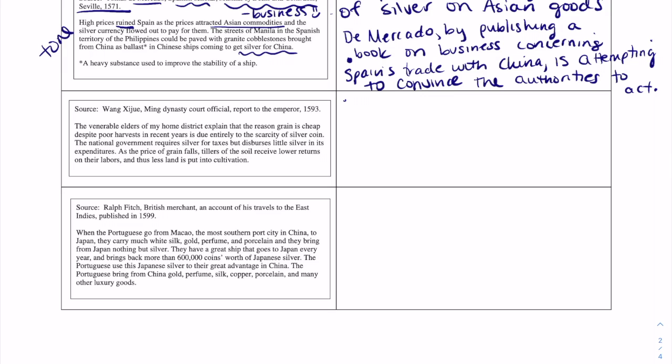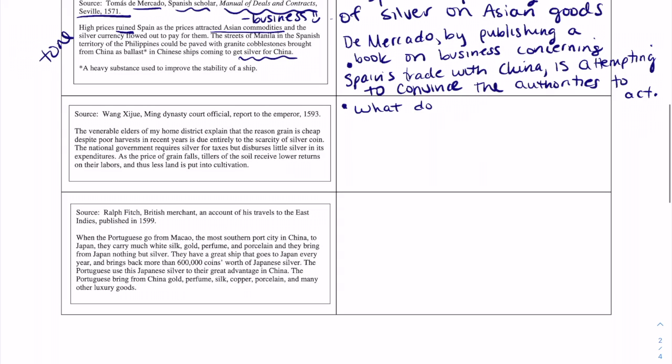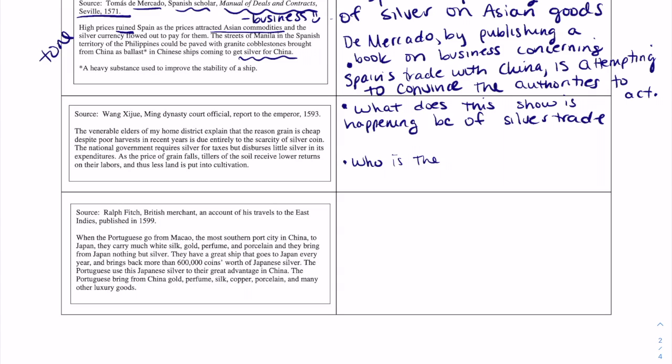So for this one, you would say, what does this show is happening because of the silver trade? And then, who is the author?